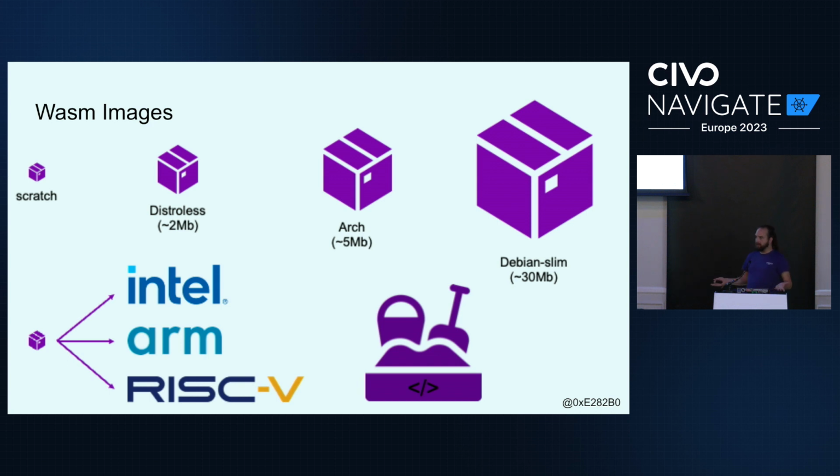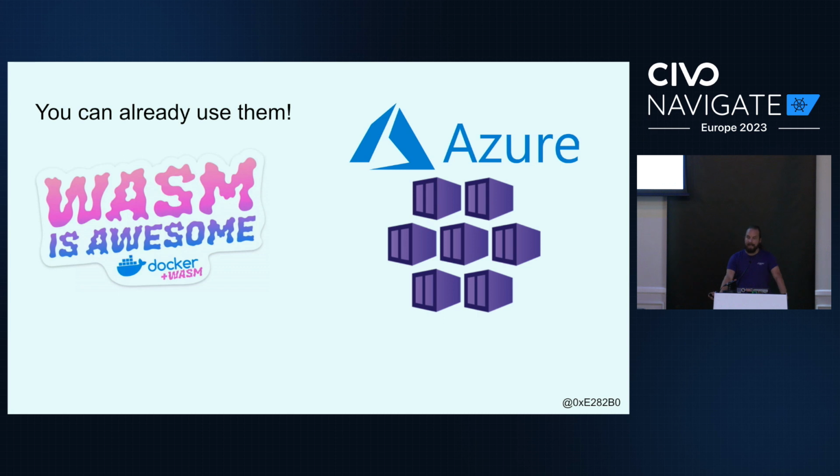Or Windows, Linux, it doesn't matter. The only important thing is that your runtime works. And they are sandboxed by nature. So you always have to say which permissions your module is allowed to use. Otherwise, it's denied. And you can already use them today.